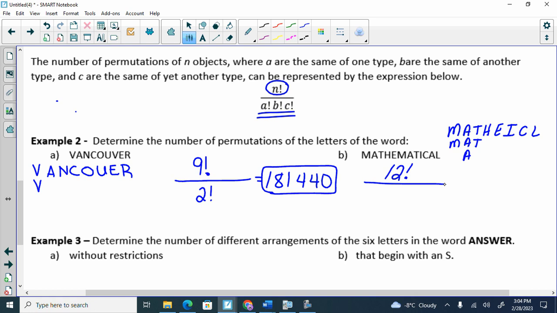Make sure your phones are away. Okay. In the bottom, because I'm stacking for a good reason, not no apparent reason, I'm going to write 2 factorial for the 2 M's, just like they did with the prayer flags, right? 3 factorial for the A's, and 2 factorial for the T's. Everyone type it in.